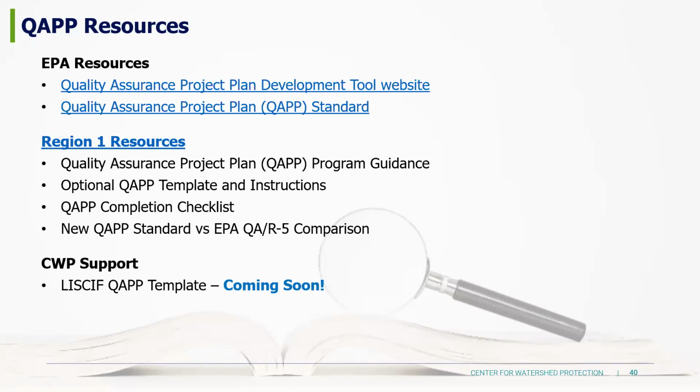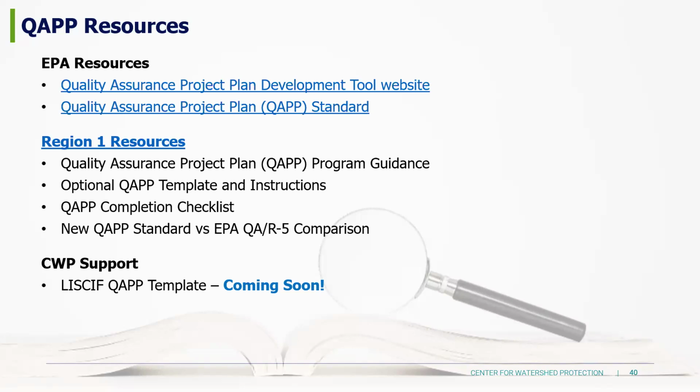And then also another resource is the Center for Watershed Protection. We provide support for QAPP development, and specifically through the LISCIF grantee program, we're developing the QAPP template that Alexandria shared.